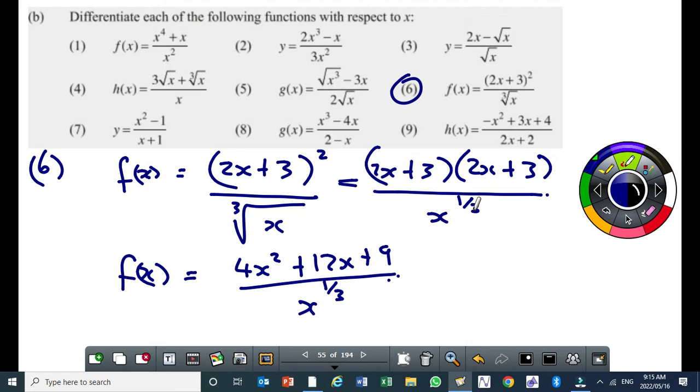Now, we still have a problem: we have a division line. To remove it, we divide each numerator term by the common denominator, which is x to the power of a third.